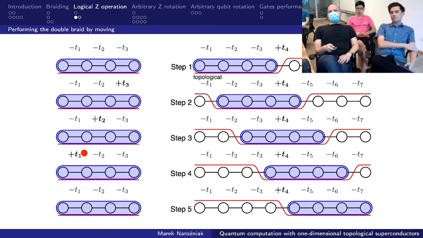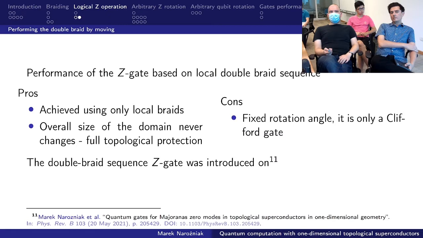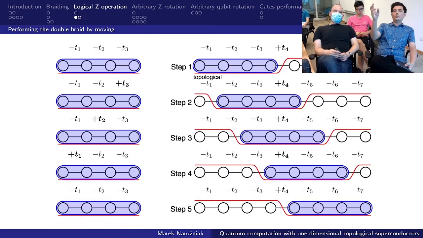The sign gets reversed sequentially site by site, implementing the double braid sequence. So basically, instead of moving this plus region through the chain, you just fix the plus region and you move the chain through. Yeah, exactly.